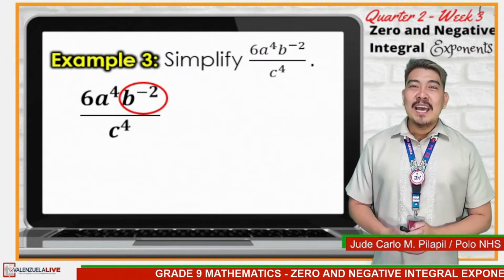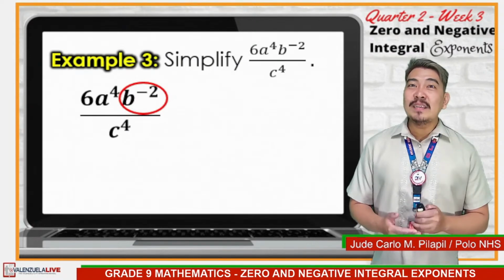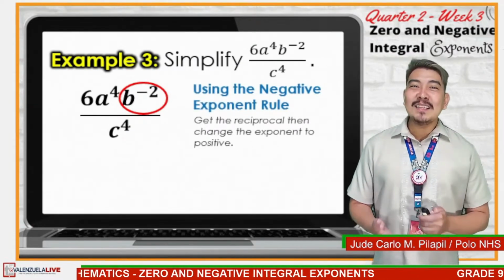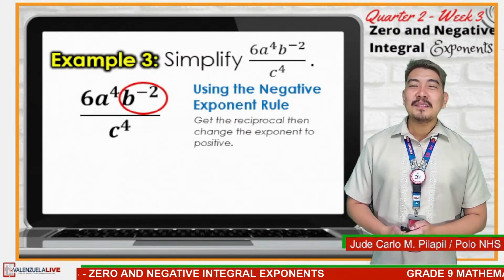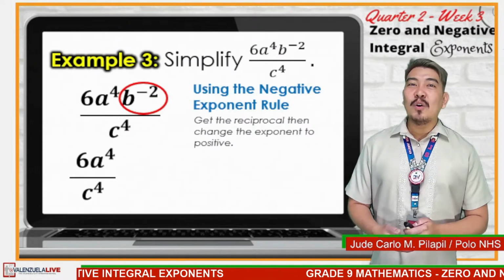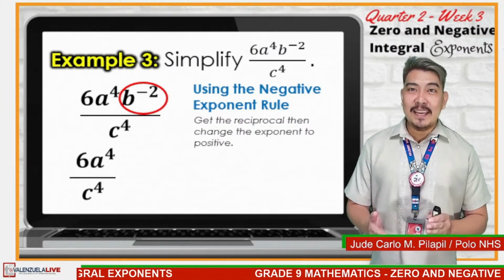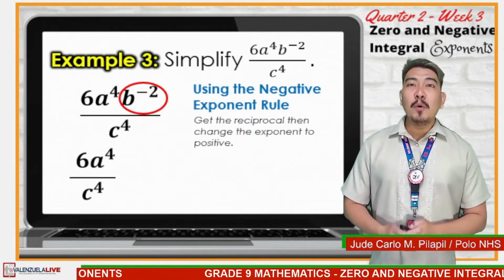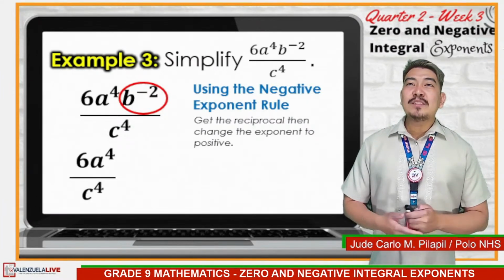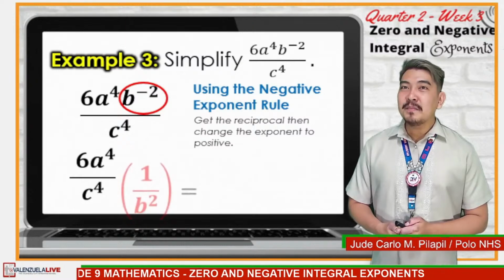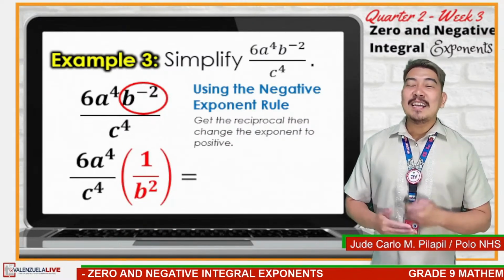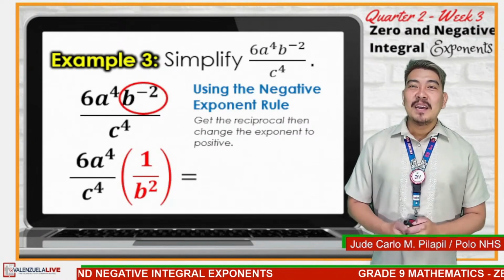It means that b raised to negative 2 is the only factor where we can apply the negative exponent rule. Rewrite or copy 6a raised to 4 over c raised to 4 as is, since their exponents are already positive. b raised to negative 2 will now be 1 over b squared, using again the negative exponent rule.